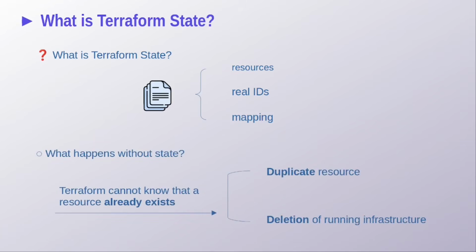What happens if there is no state? If Terraform has no state, it cannot know what already exists or what was created before. This can cause duplicate resources, sudden deletion, or broken infrastructure. Without state, Terraform is blind. That is why state is the foundation of Terraform.